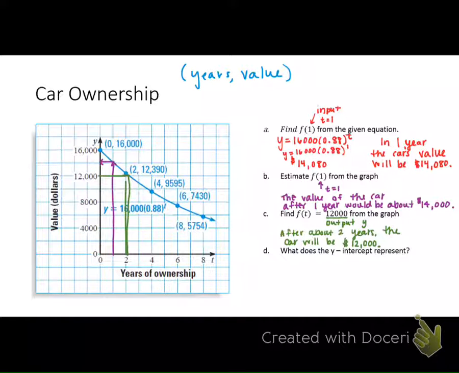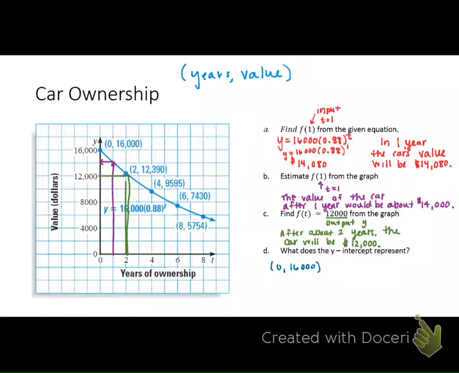All right, Kelly, what is the y-intercept, first of all? Tell me what that y-intercept is. 16. Yeah, and we always write those as ordered pairs so we can really interpret it. So interpret that for me. What does (0, 16,000) mean, Kelly? After 0 years of ownership, the value in dollars would be 16,000.